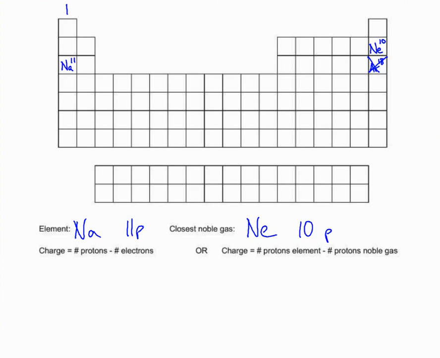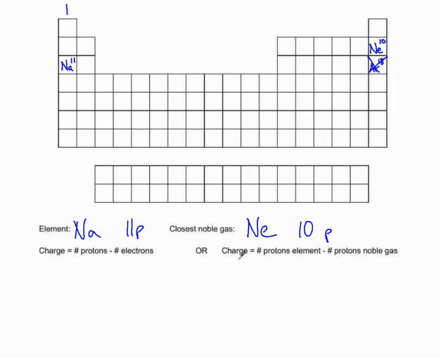Determining the charge of an ion is really about figuring out the relationship between protons and electrons. So the charge of an ion is the number of protons in an element minus the number of electrons in an element. And that's the definition of it. But I've been thinking about it, and this is what I'm going to show you today.